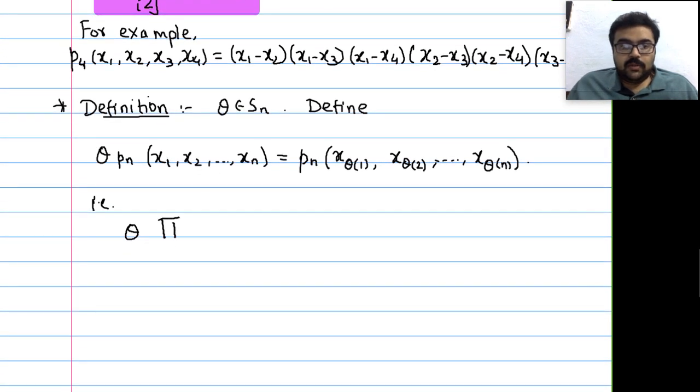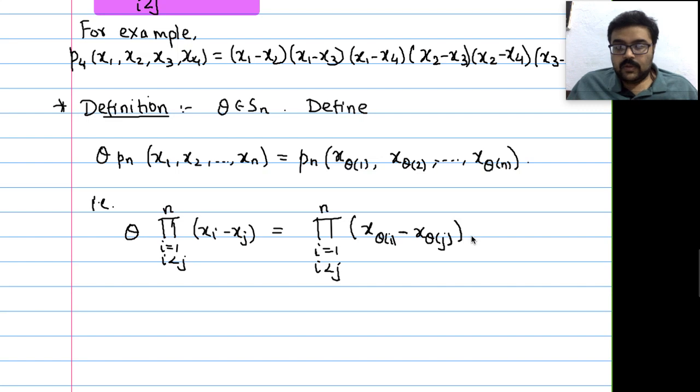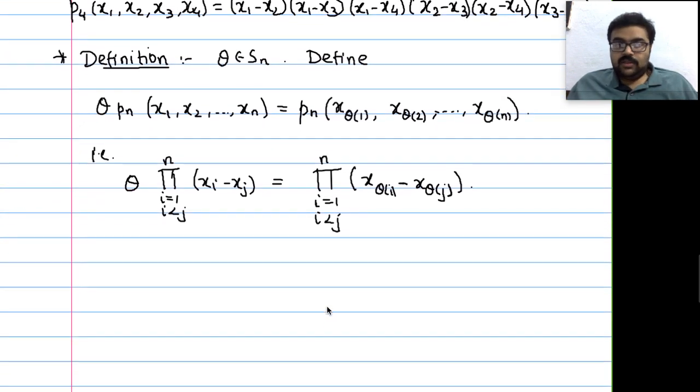So theta of the product, i equals 1 to n, i less than j, of xi minus xj, can now be written as the product i equals 1 to n, i less than j, of x theta of i minus x theta of j.